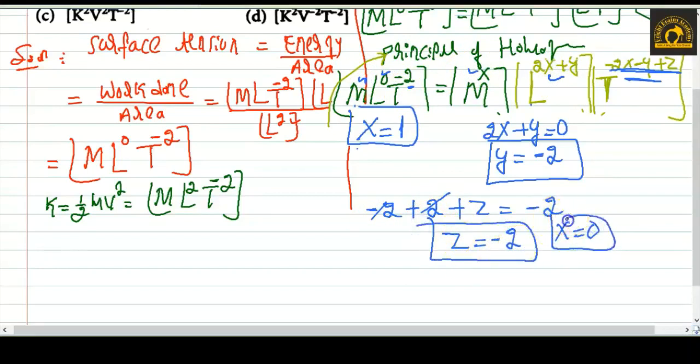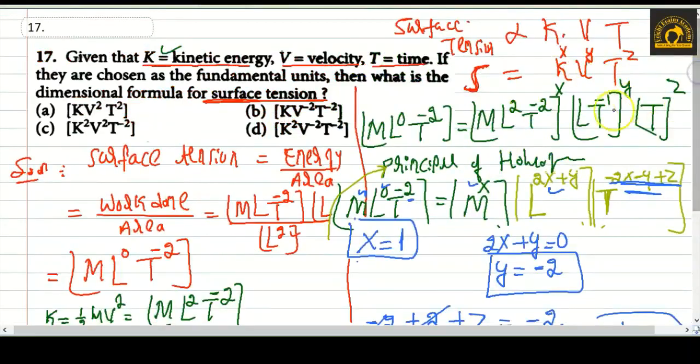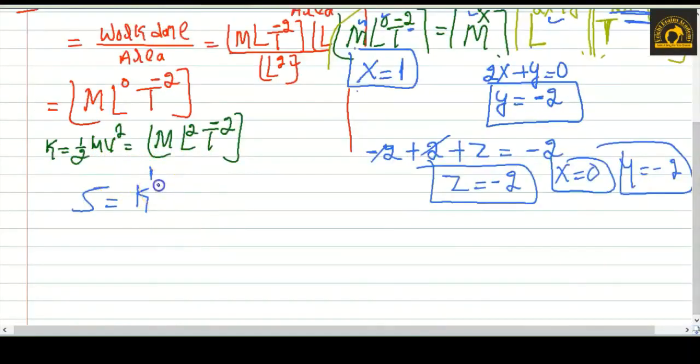So all these three values. So the surface tension is equal to k to the power of x, which is 1. Then second one, v to the power of y, where y value is minus 2. Then t to the power of z is minus 2.